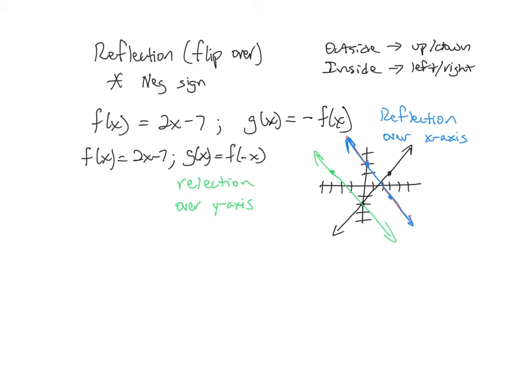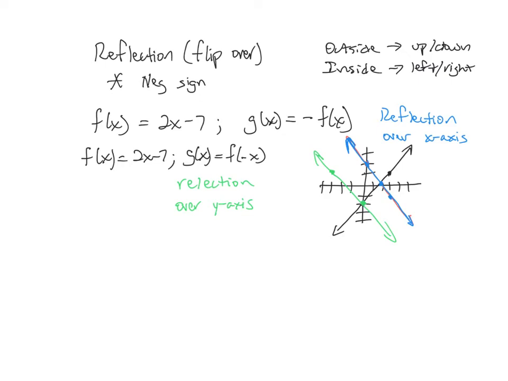The blue one and the green one look very similar, but one rotates in a different direction. The one that went over the y-axis, the lines cross on the y-axis, and the one that went over the x-axis, the spacing is a little bit off, but it intersects on the x-axis.